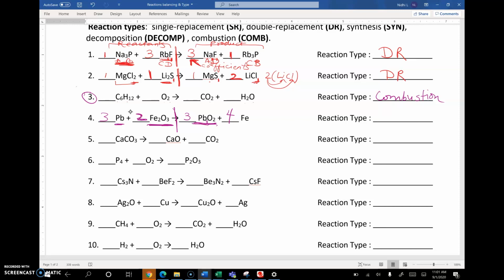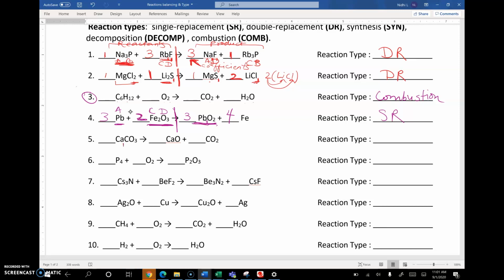This equation is balanced. What type of equation is this? Remember, I told you if you have 3 elements, it's like this: A, C, D. All right. If you have 3 elements, then that is a single replacement. Okay, single replacement.